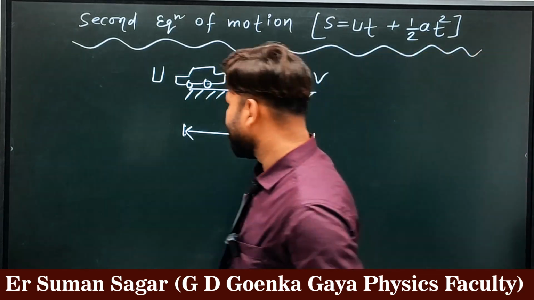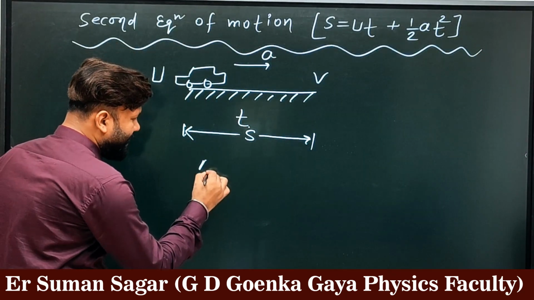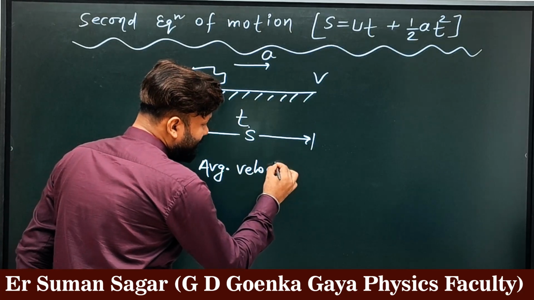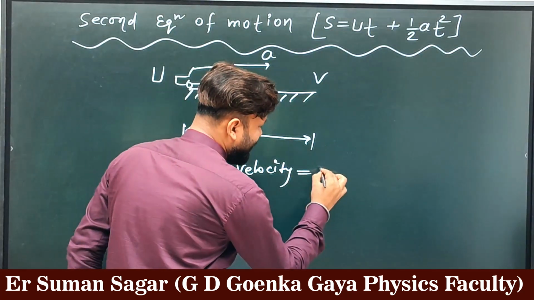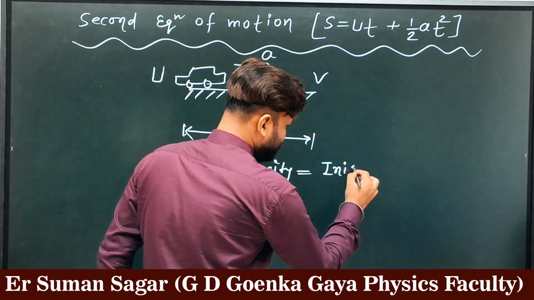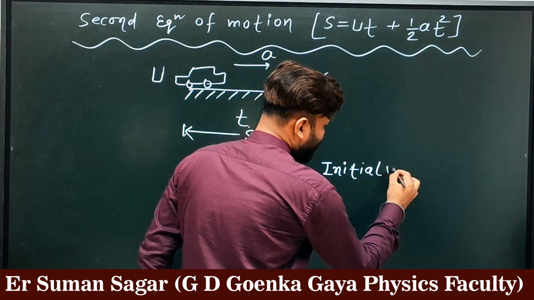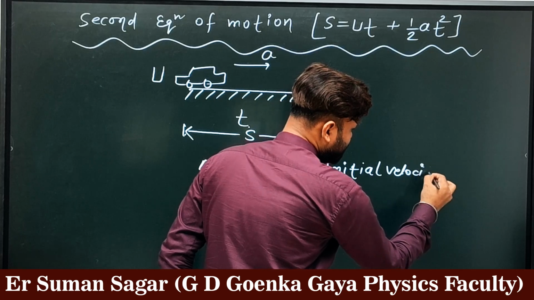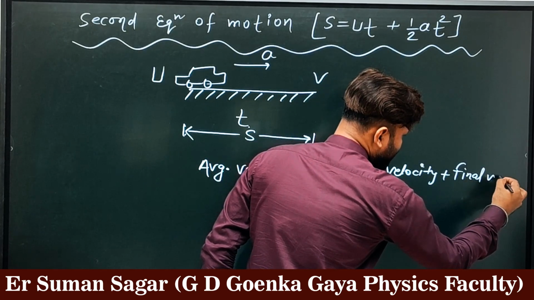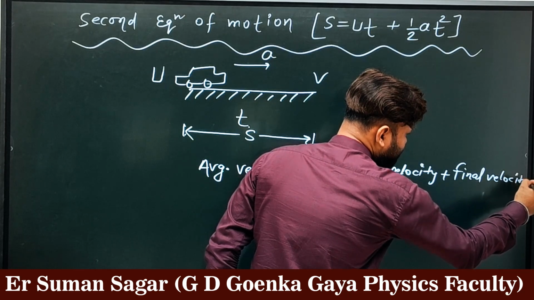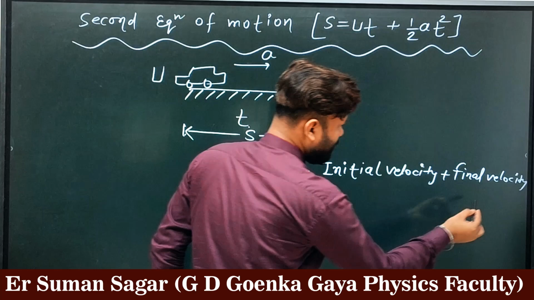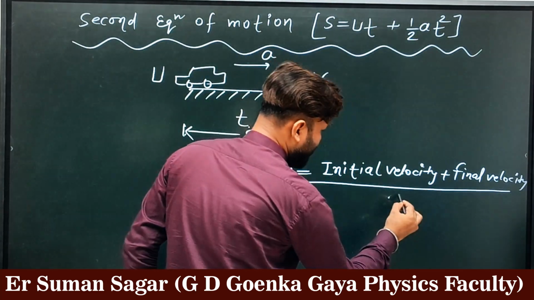Now students, we have learned in the previous classes average velocity. Average velocity is initial velocity plus final velocity divided by 2.